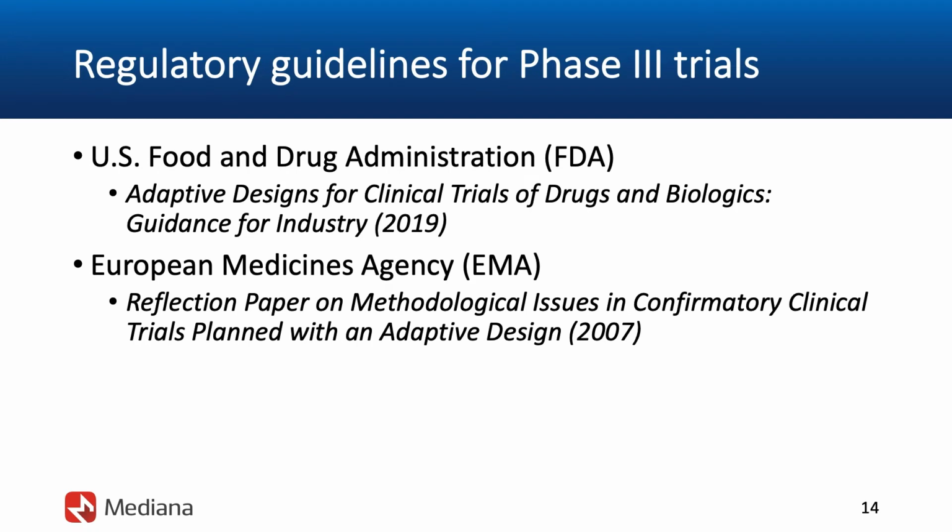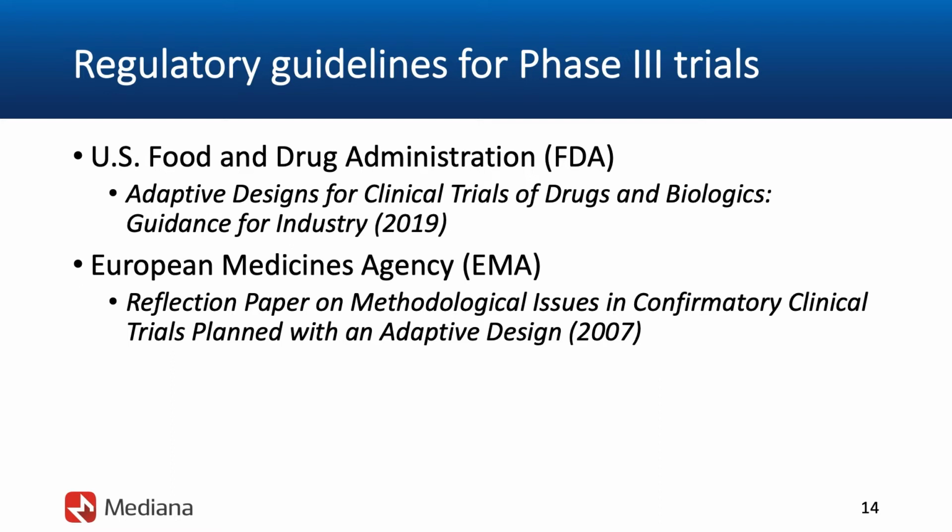The importance of adaptive designs in the context of pharmaceutical drug development has been recognized by regulatory agencies around the world. And I would like to, on the slide, mention two important regulatory guidance documents. The United States Food and Drug Administration, known as the FDA, published the final version of their guidance document on adaptive designs for clinical trials of drugs and biologics in 2019.